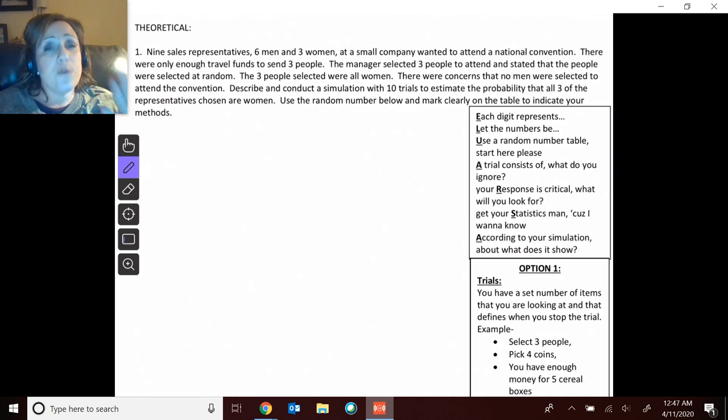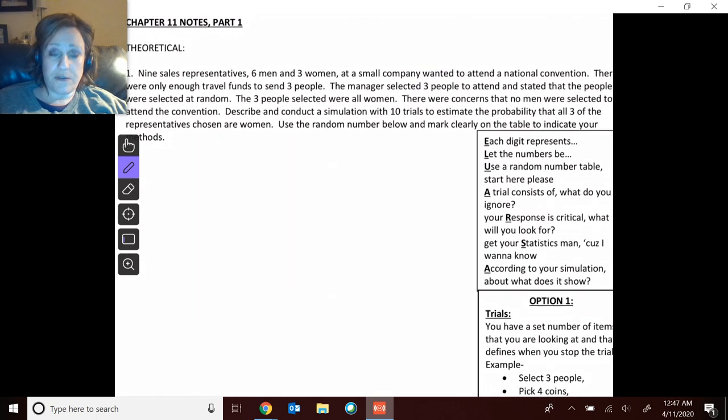Now, before we get into that, I want to talk about how this would work theoretically. So where's kind of our target? We know in the long run it should end up somewhere around what it's quote unquote supposed to be. How likely is it that if you picked 3 people, they would be all women? Well, we did that last fall.